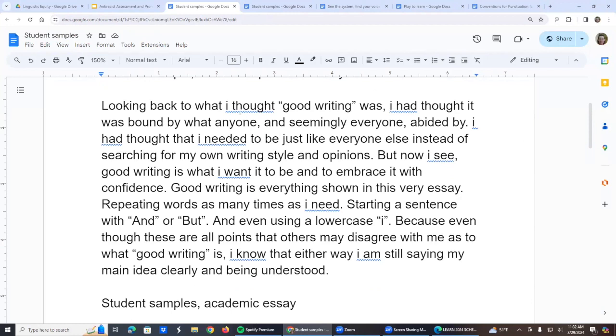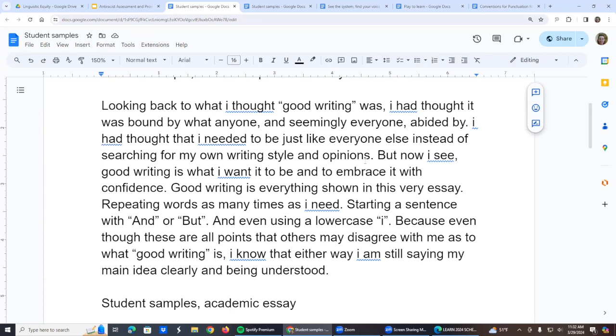Looking back to what I thought good writing was, I had thought it was bound by what anyone and seemingly everyone abided by. I had thought that I needed to be just like everyone else instead of searching for my own writing style and opinions. But now I see good writing is what I want it to be and to embrace it with confidence. Good writing is everything shown in this very essay.